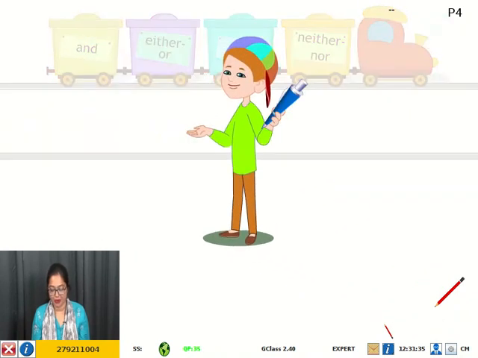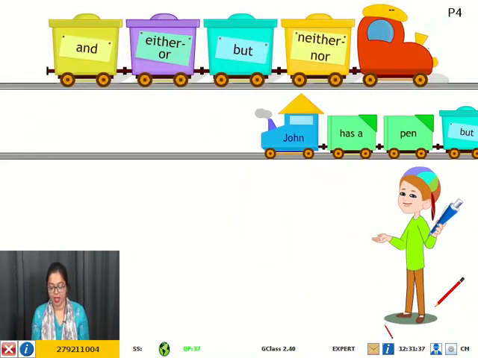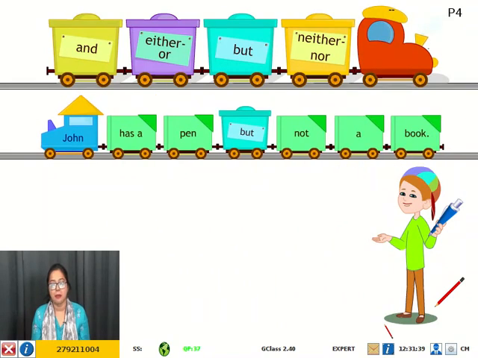Now you see another sentence coming up on your screen. Now we have picked up another connector or conjunction, and that conjunction is but. So let us see how we join the sentences when we have but as a connector. So have a look at the sentence.